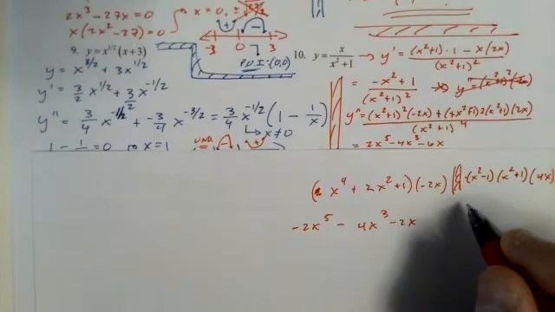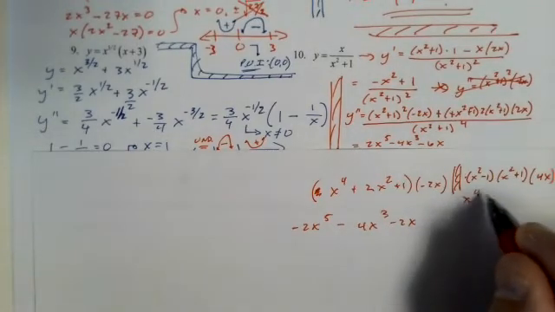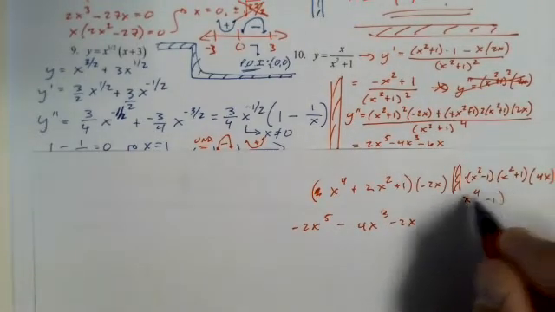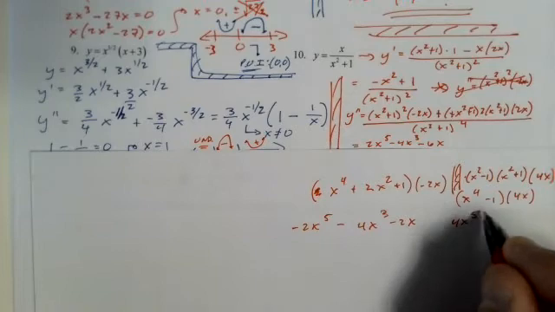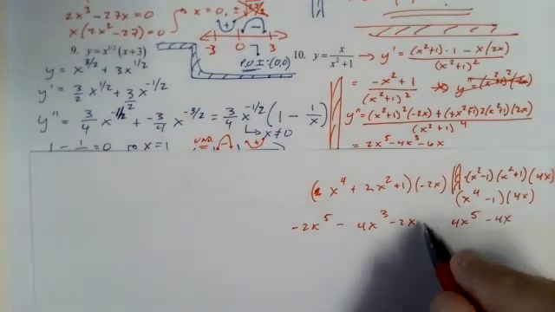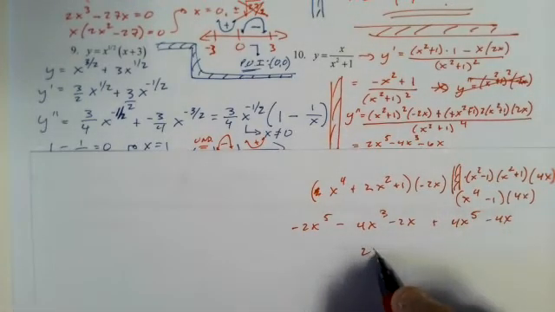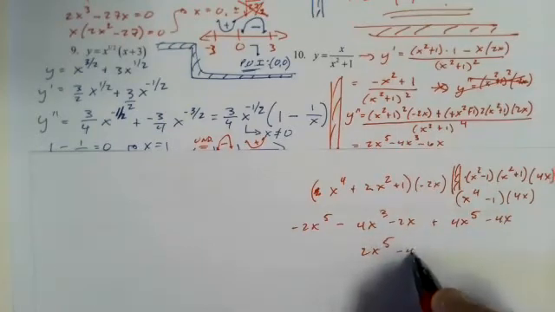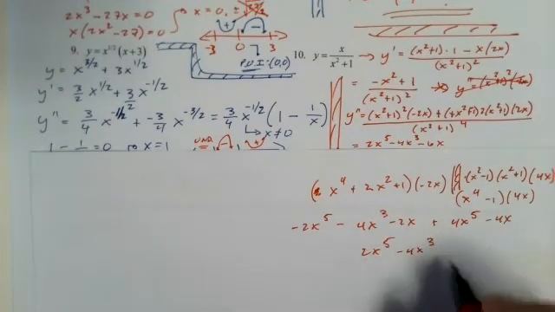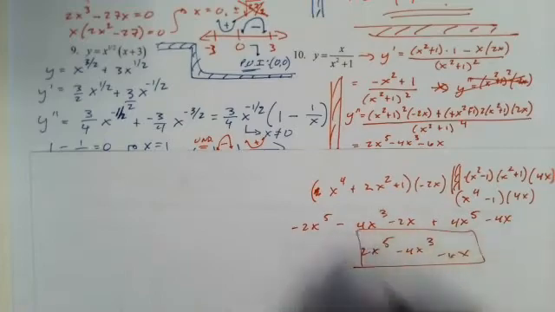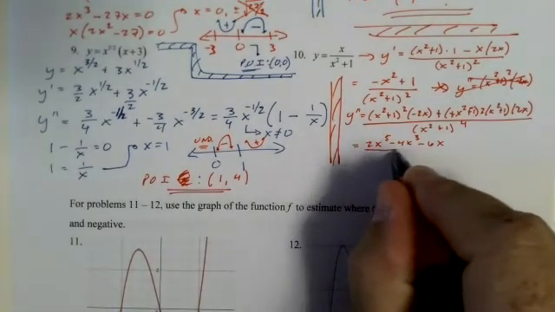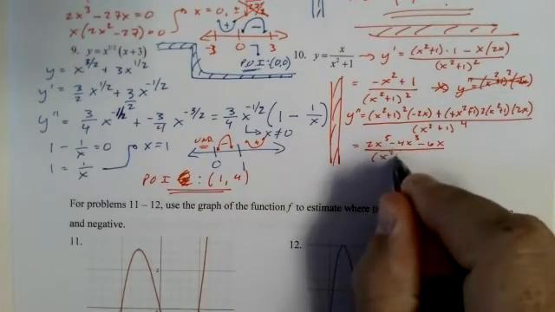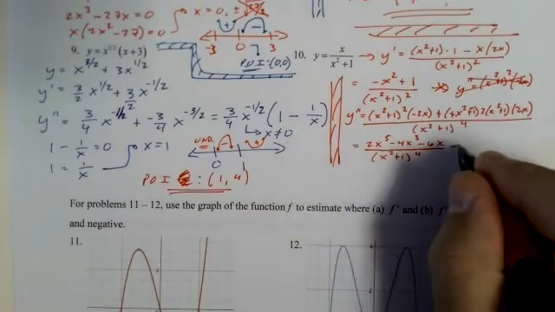That's going to get me x to the fourth. They're going to cancel. Minus 1 times 4x. There it is, I missed that. 4x to the fifth minus 4x. 2x to the fifth minus 4x to the third minus 6x. Wow, that was brutal. Okay, over x squared plus 1 to the fourth.